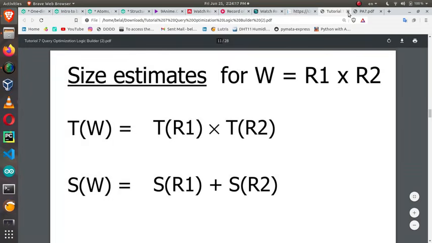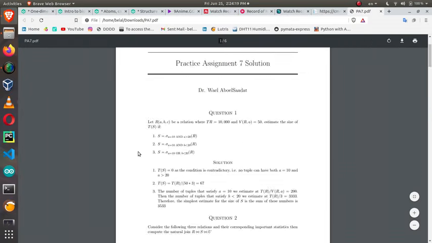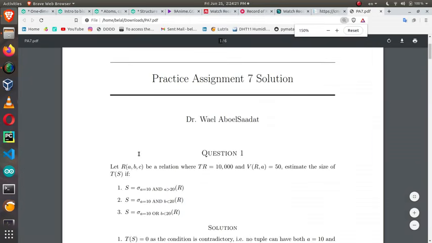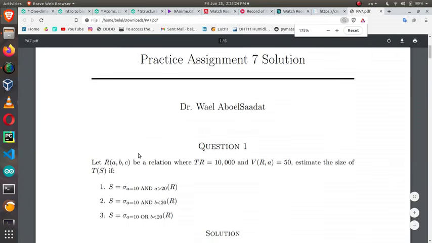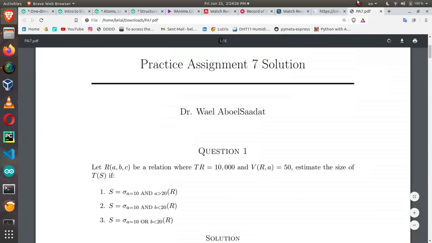So let's start with question number 1. So let's solve question number 1. Let relation R, which has the following 3 attributes or columns A, B, and C, be a relation where T of R equals 10,000 and V of R, A equals 50.